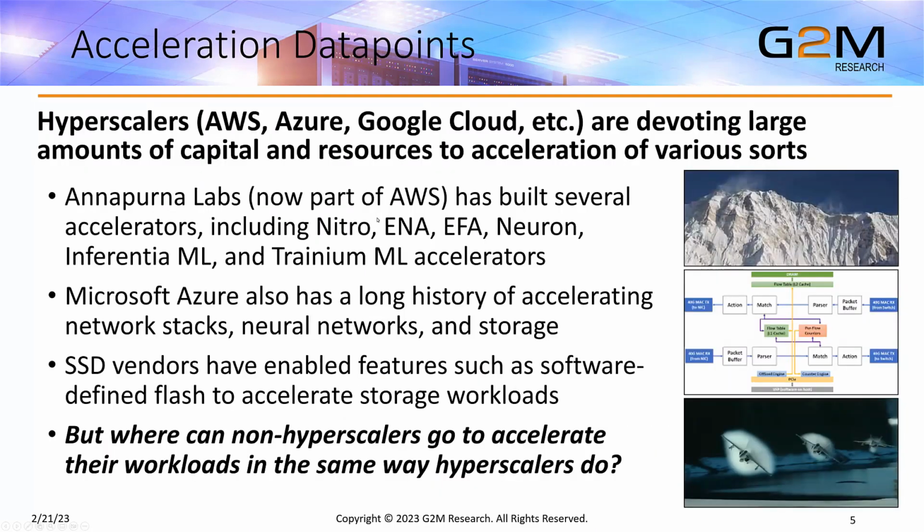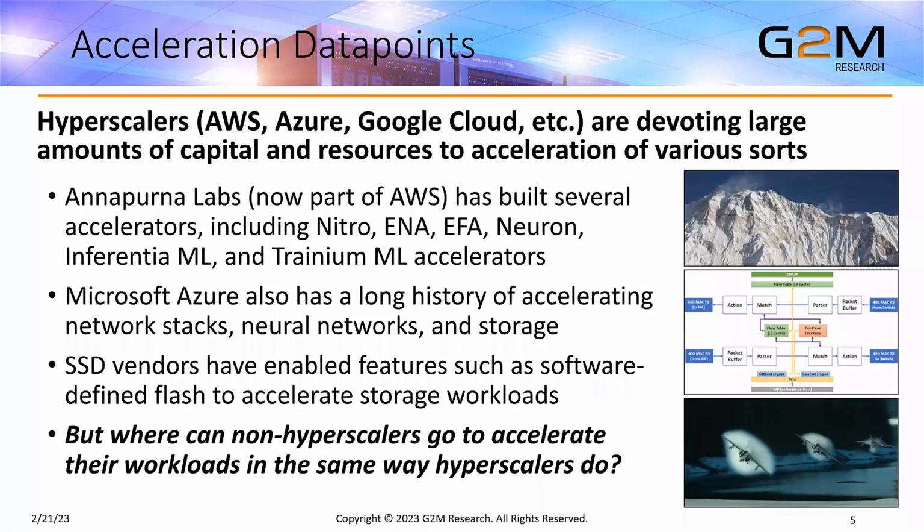Jumping a few slides ahead, if you look at where a lot of this work is being done, a lot of it is being done by the hyperscalers. Think of AWS, Azure, Google Cloud. They're putting lots of money and resources into accelerating their workloads. Annapurna Labs was one of the early pioneers in this. They were purchased by AWS several years ago, and whole families of accelerators are used in the AWS cloud.